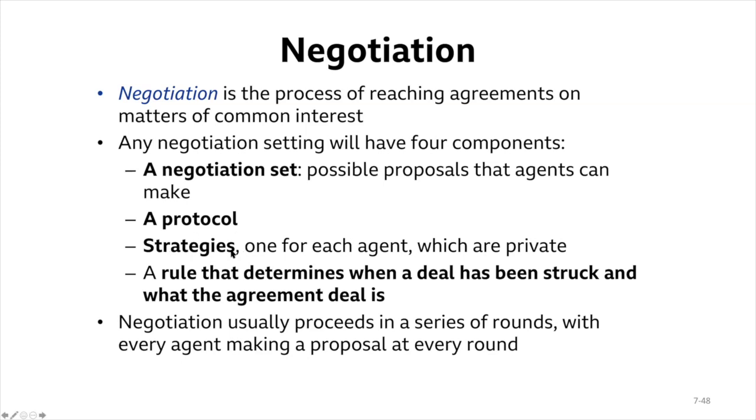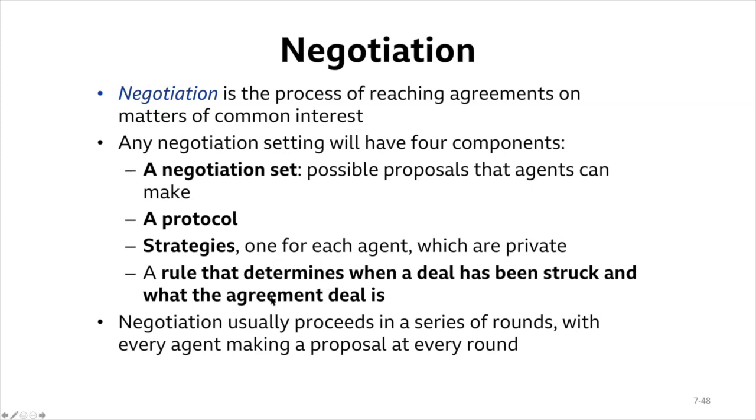This is going to be the protocol which is going to govern how these two agents are going to negotiate with one another. Then there are the strategies that each agent has, which are private to an agent. The strategy that you use, I don't see, and the strategy that I use, you don't see. These are going to be the rules that the agents use to define how they will negotiate.